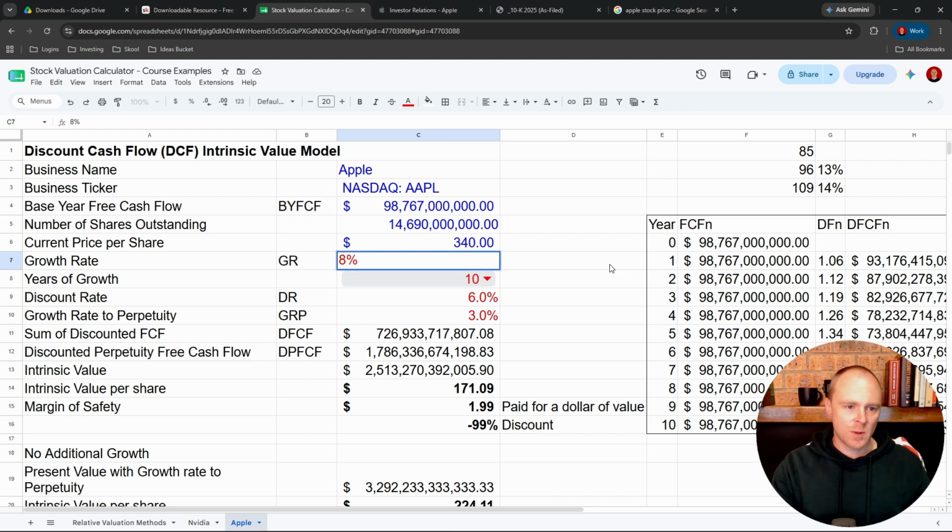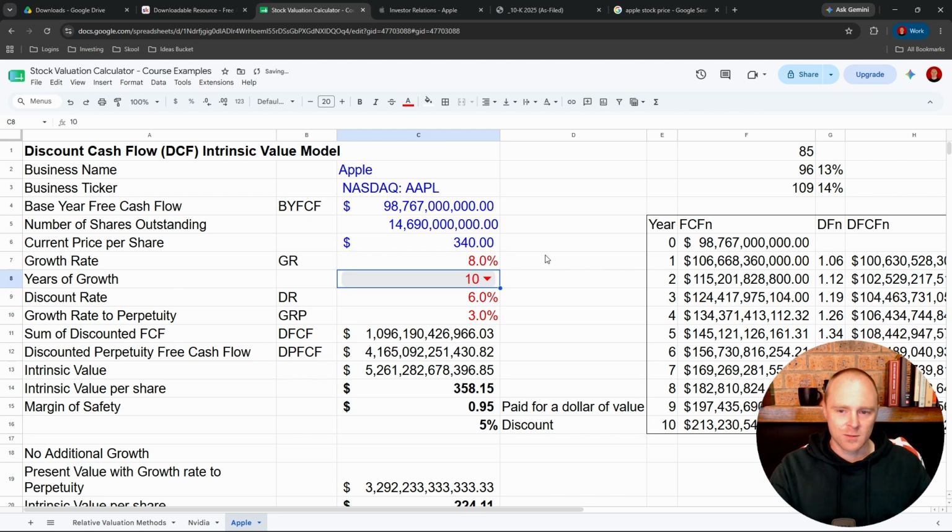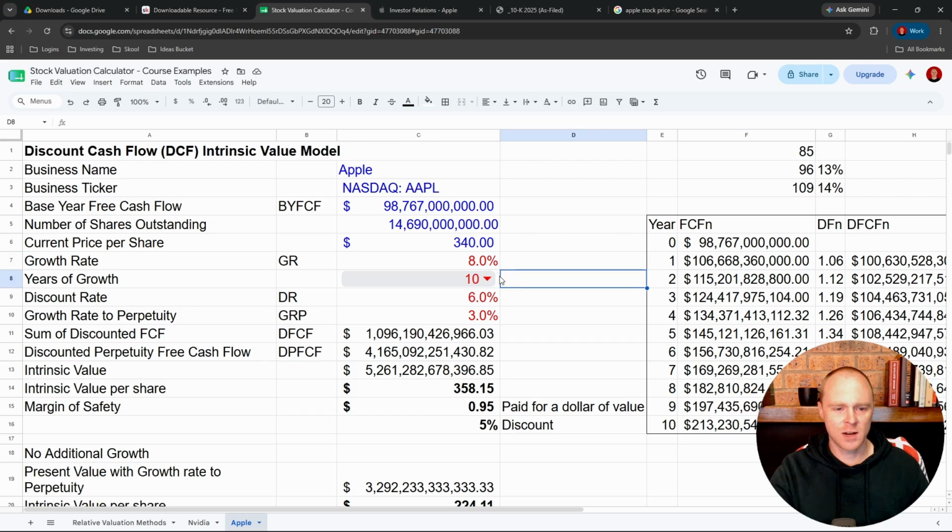So I've come up with about 8% that I feel is right for me based on the information that I've consumed. Will you get closer to an actual mark? Yep, definitely. But for this example, let's use that.